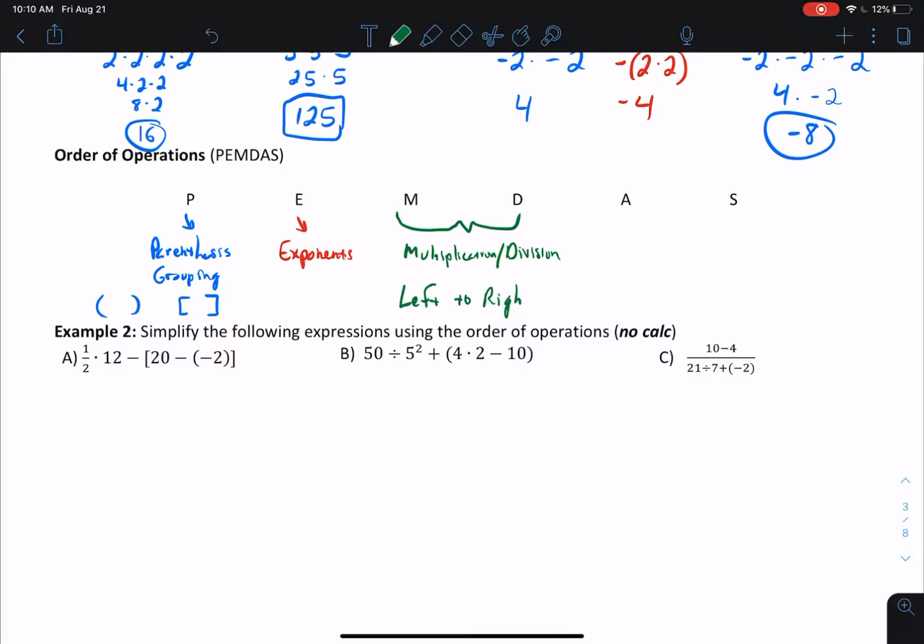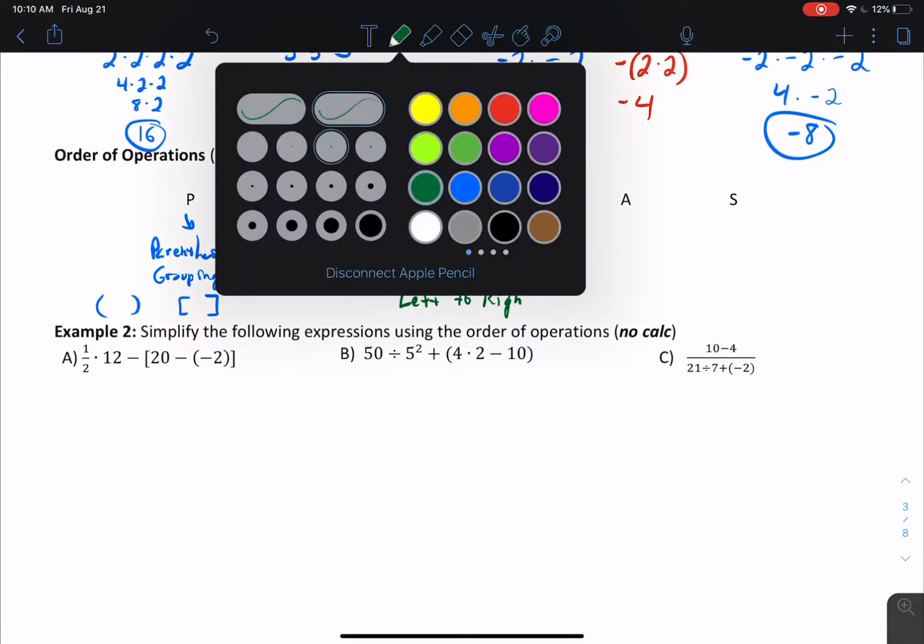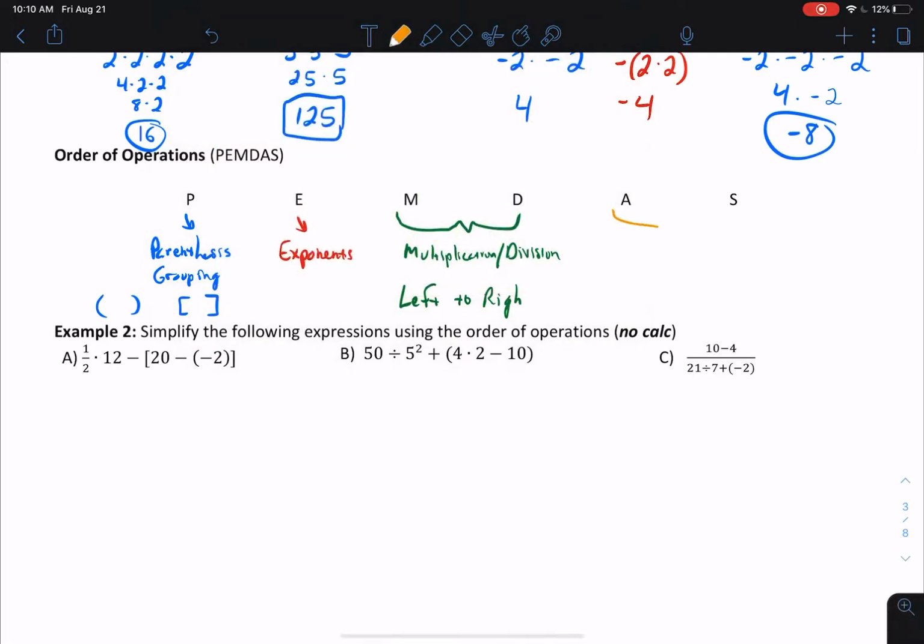When you're reading from left to right, after you've simplified your parentheses and your exponents. And then last but not least is addition and subtraction. And just like multiplication and division, we do that from left to right.